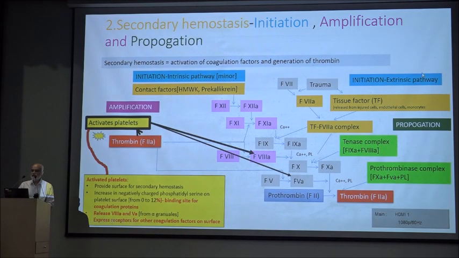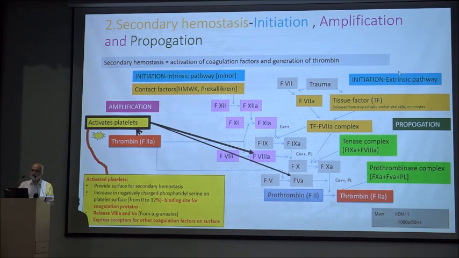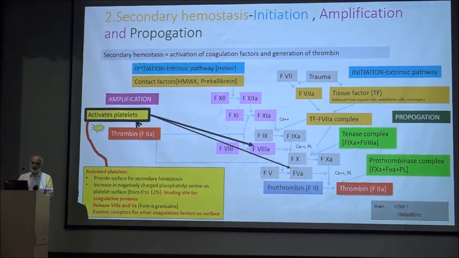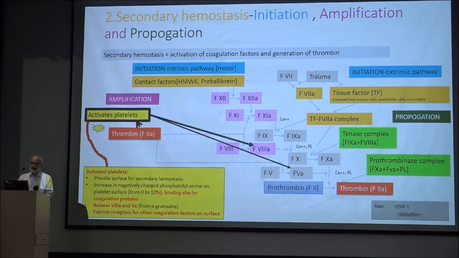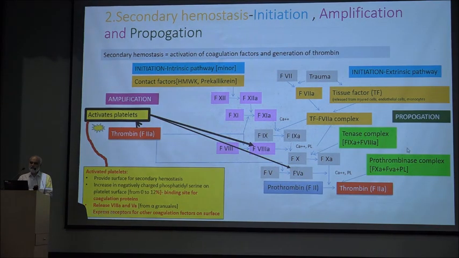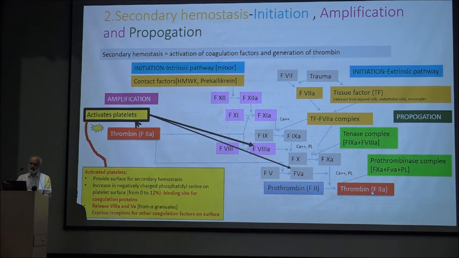Initiation can be from intrinsic pathway, which is minor, and it can be from the extrinsic pathway. Intrinsic pathway is started by contact factors, whereas extrinsic pathway by trauma. Then amplification occurs, then propagation occurs through various steps. Ultimately the purpose is formation of thrombin. From prothrombin to thrombin, this occurs.